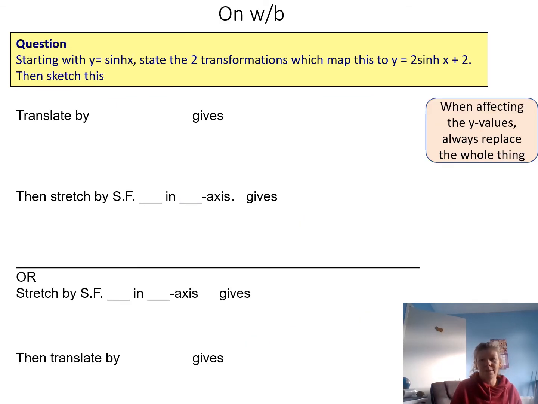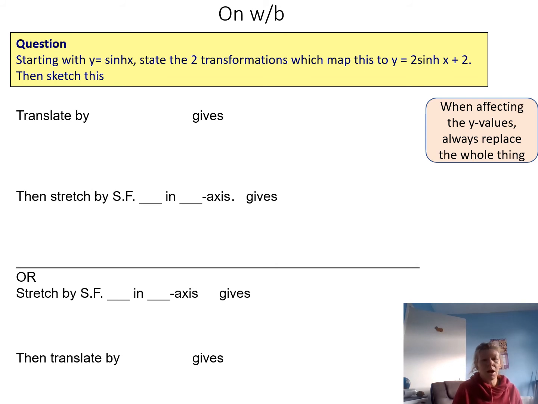On the whiteboard then, try both ways of doing this, of changing sin x to y equals 2 sin x plus 2. They are both affecting the y values. Always replace the whole thing.